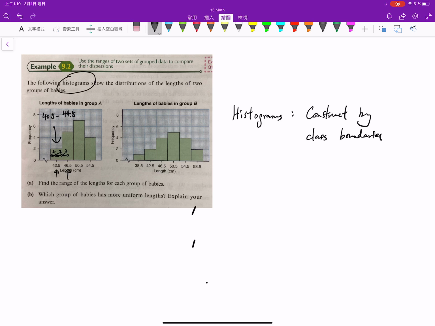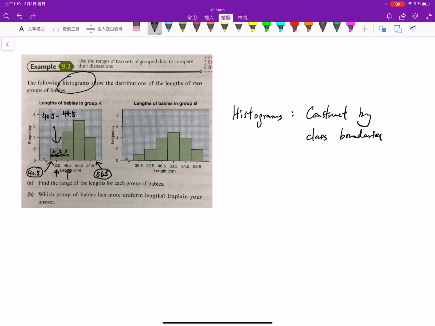It means for group A, the smallest one is 40.5. Then what is the largest one? It is 56.5, right?